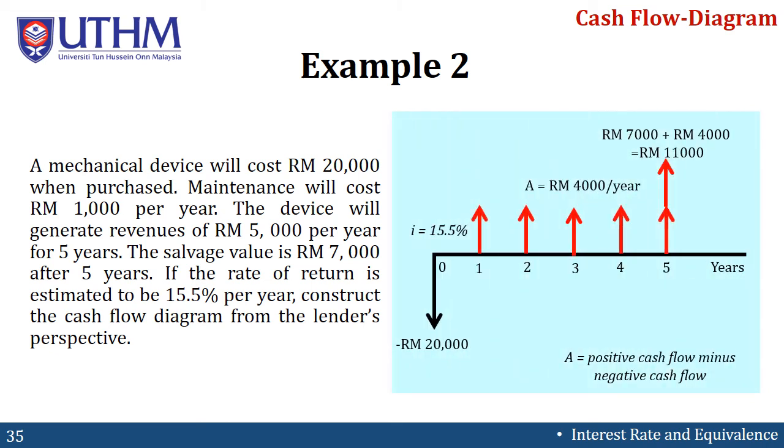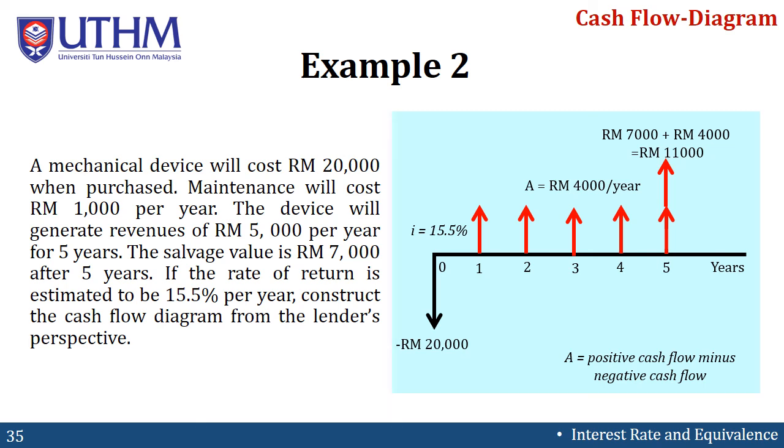20,000, the money you borrow, and then you have 5 years. Each year you pay 4,000 per year. Why 4,000 per year? It's positive cash flow minus negative cash flow. In this case, your positive cash flow is revenue 5,000, and your maintenance is negative cash flow. So 5,000 minus 1,000, you get 4,000 per year. At the end of year 5, you have salvage value.